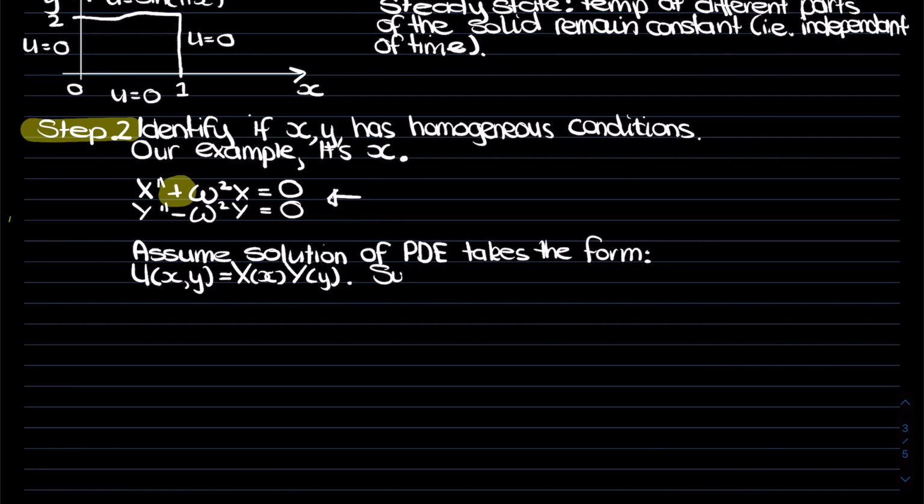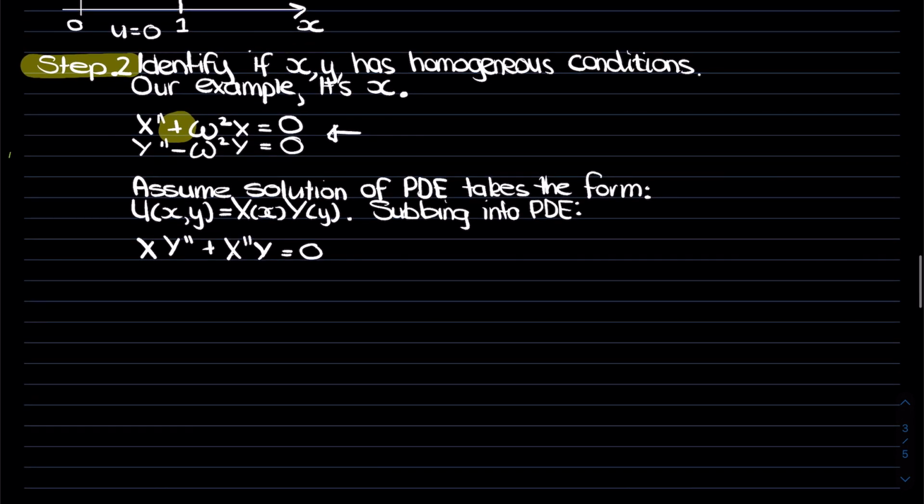So if we sub this into the PDE, we get something that looks like this: X Y double prime plus X double prime Y equals 0.